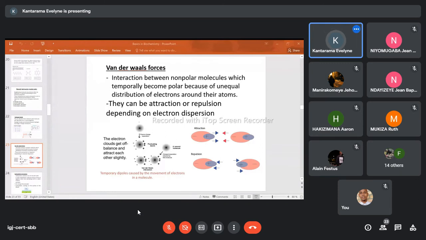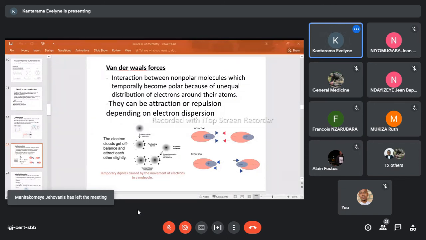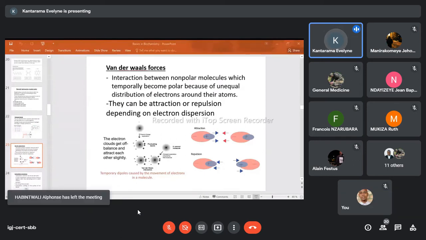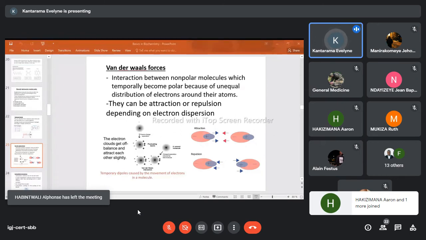For example, this is a molecule with atoms making it, and each atom has electrons that are turning around.